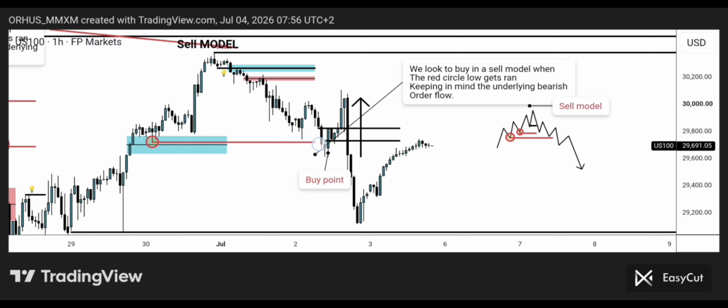After we were able to anticipate this buy move, we know that order flow is bearish, meaning that price has to draw lower. As you can see, price took out the high here, then we saw a massive drop to the downside.